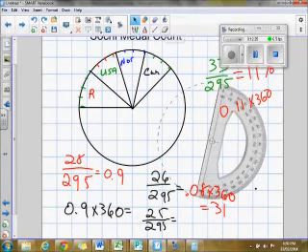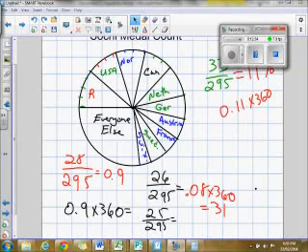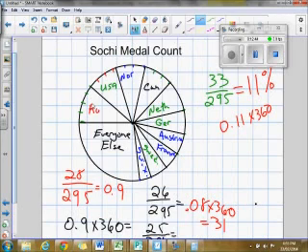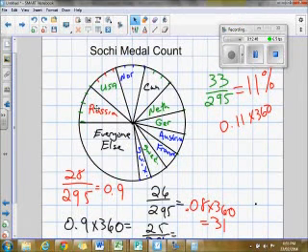So I would continue to do this with the rest of the countries. Well, welcome back. I completed the rest of the countries, and you can see where Russia had a huge medal count here, 33 out of the 295.